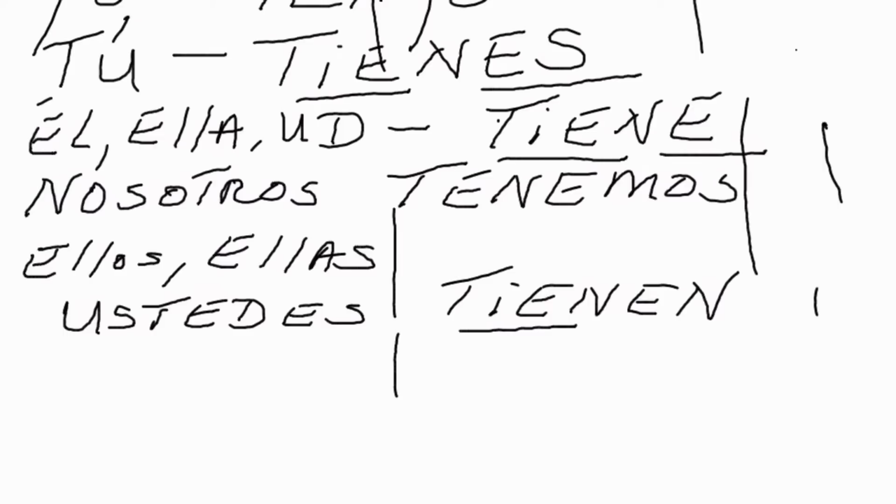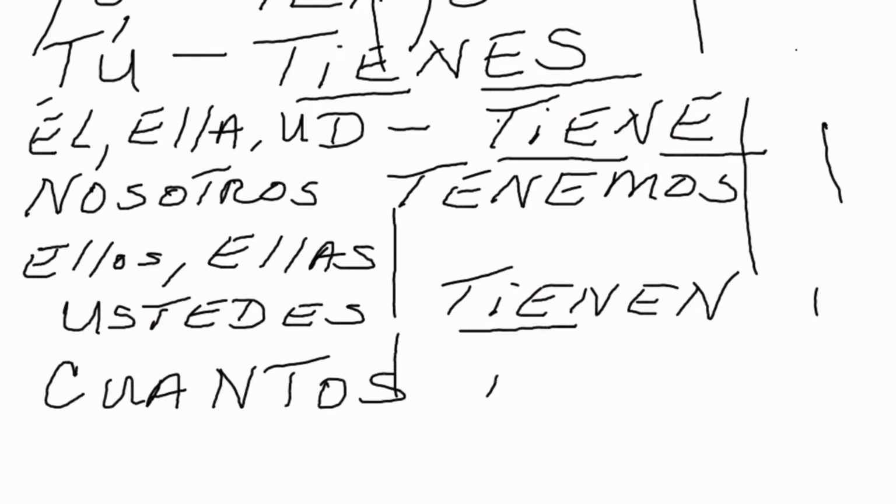Okay, let's try a sentence in Spanish using tener. One way we will remember all the time is how to say how old we are. The question would be, ¿cuántos años tiene? Okay, does anyone know how to answer that question?